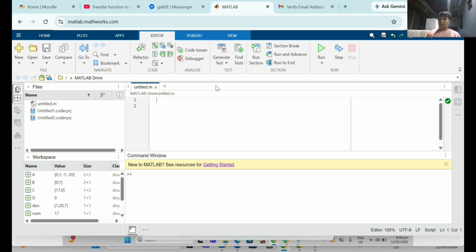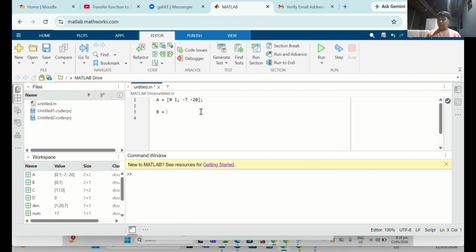Now, let's code it using MATLAB. First, we need to input our examples. A is equal to [0, 1; negative 7, negative 20] semicolon.